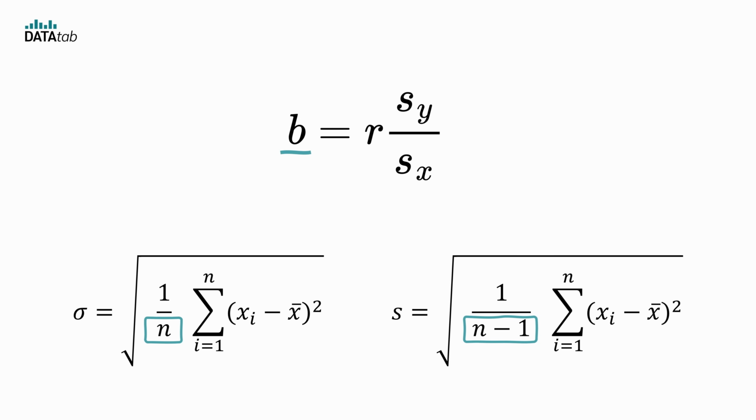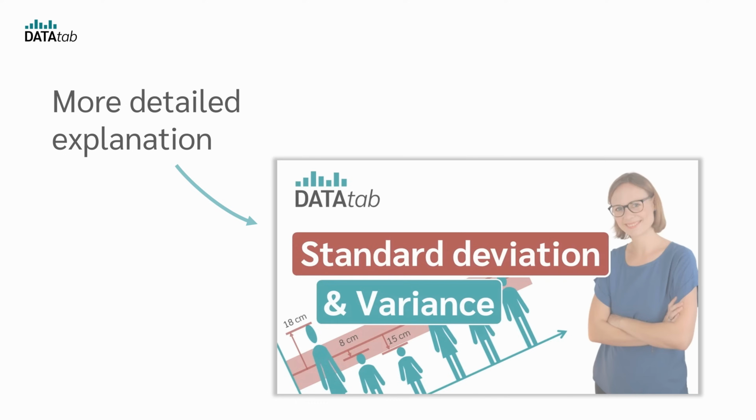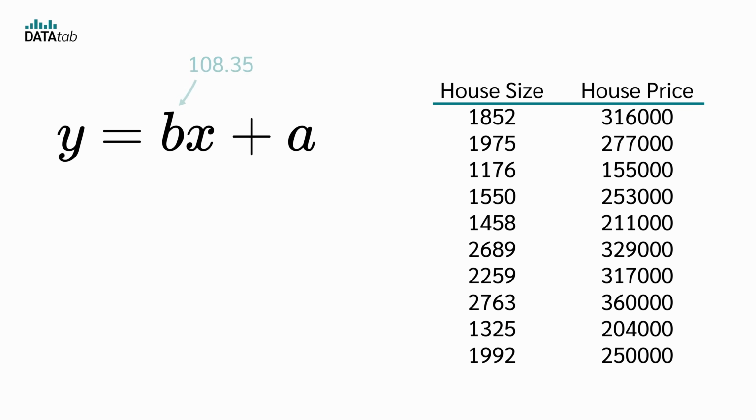However, for calculating the regression coefficient b, we use the formula that divides by n. If you like a more detailed explanation of the standard deviation, feel free to check out my video on that topic.